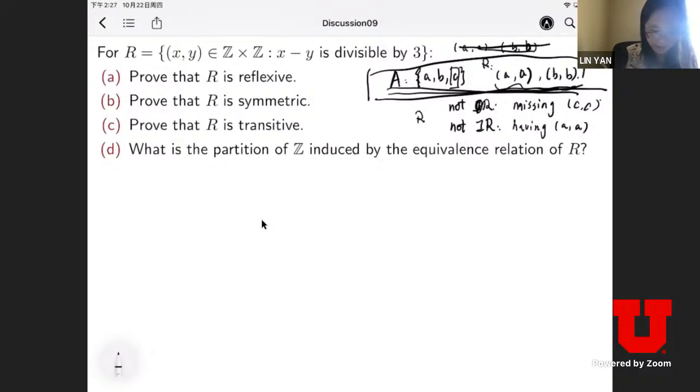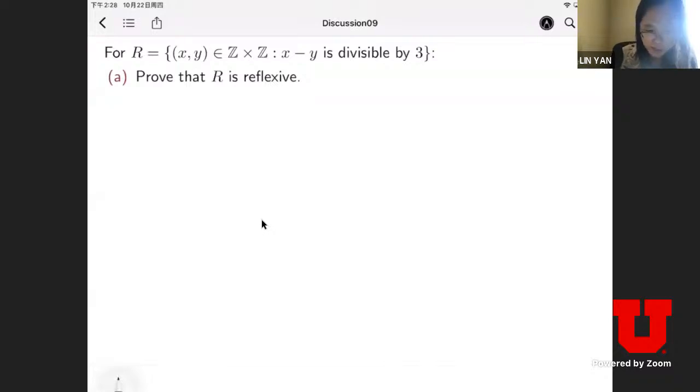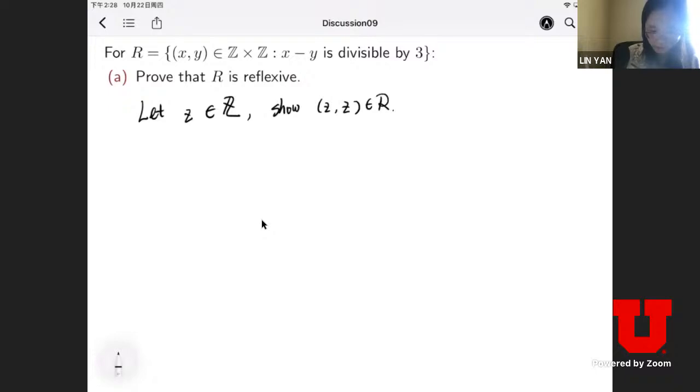Okay, let's get started with this problem. First one, we need to prove the relation is reflexive. So if it is reflexive, then we can let z be an element from the integer set, and we need to show that (z,z) is in R. This is the definition of reflexive.